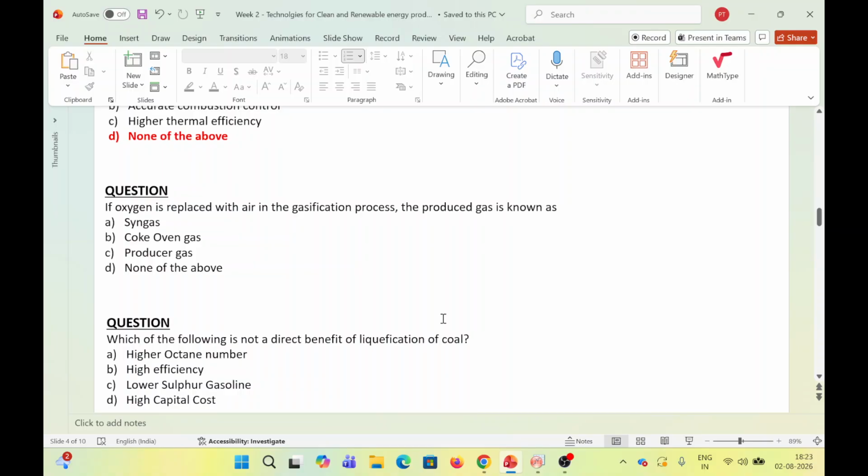This is a very simple, very straightforward question. If it is oxygen, then the produced gas is called syngas. Now we are replacing oxygen with air.